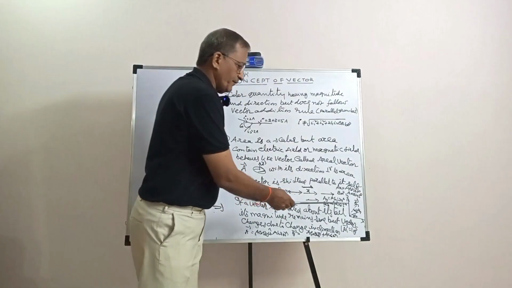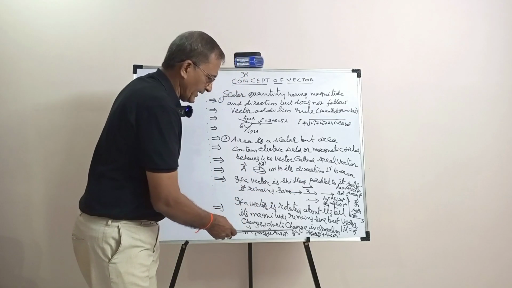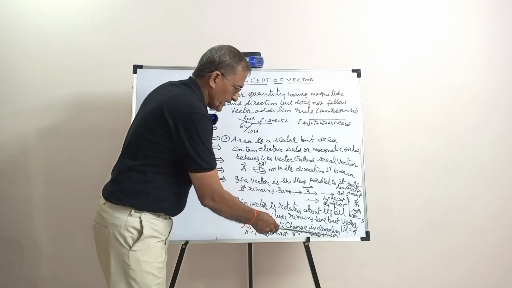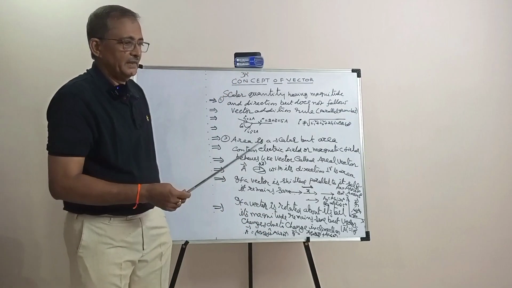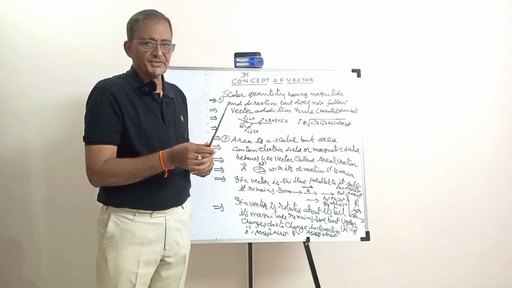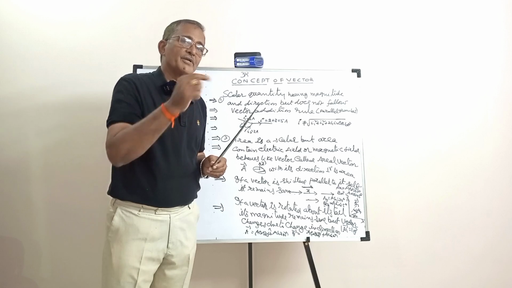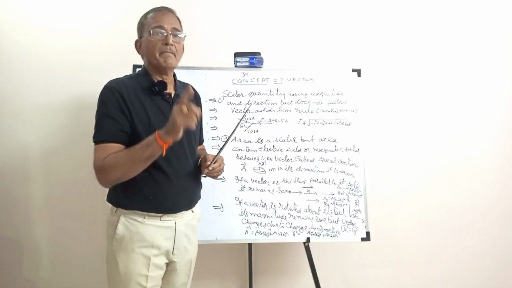The magnitude of this vector B bar is the same as that of A bar. That is why I can represent B bar as A cos 45 i cap plus A sin 45 j cap. That means when a vector is rotated about its tail, the vector changes, and along with the vector, its rectangular components also change. The only thing that remains constant is the magnitude.